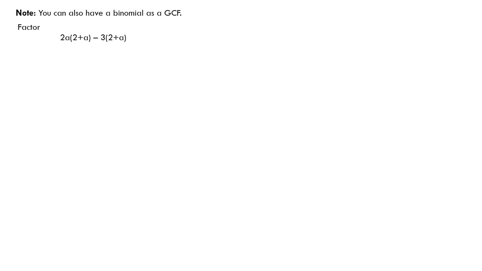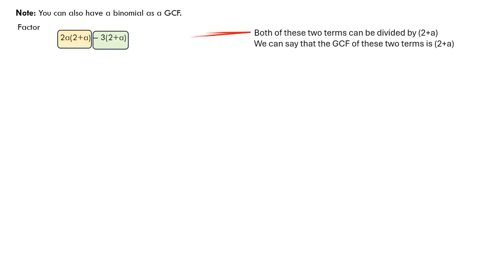So 2 plus a becomes our greatest common factor. Once we have our greatest common factor, we write it down. Our greatest common factor is 2 plus a. We write it down. We add an opening bracket.